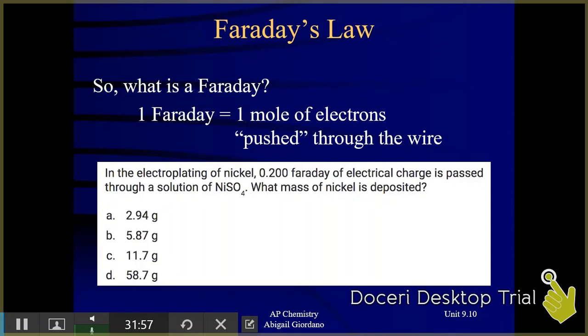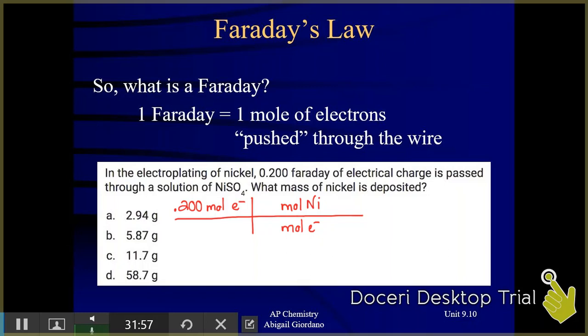0.2 Faradays, let me write that another way. 0.2 moles of electrons, because that's what a Faraday is. And from there, okay, let's think about our units. Moles of electrons, I can get to moles of nickel.